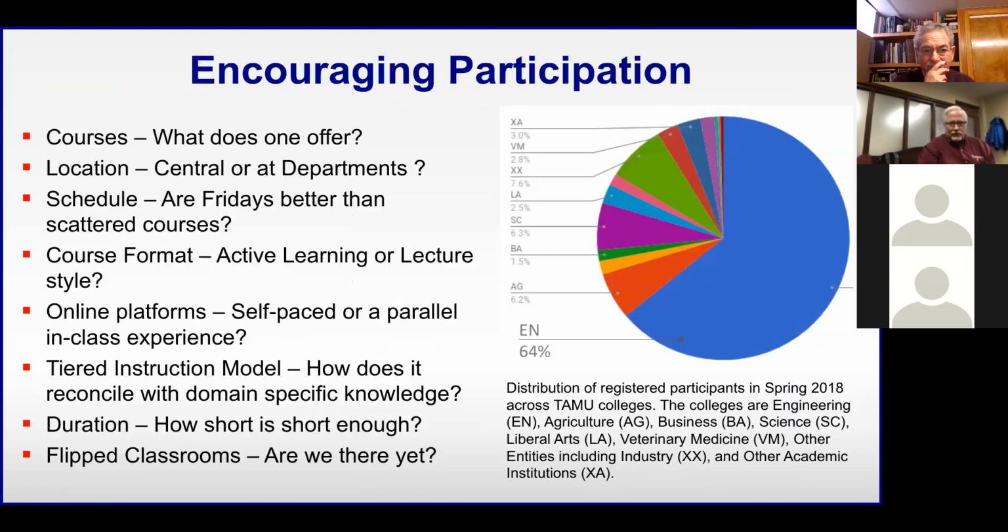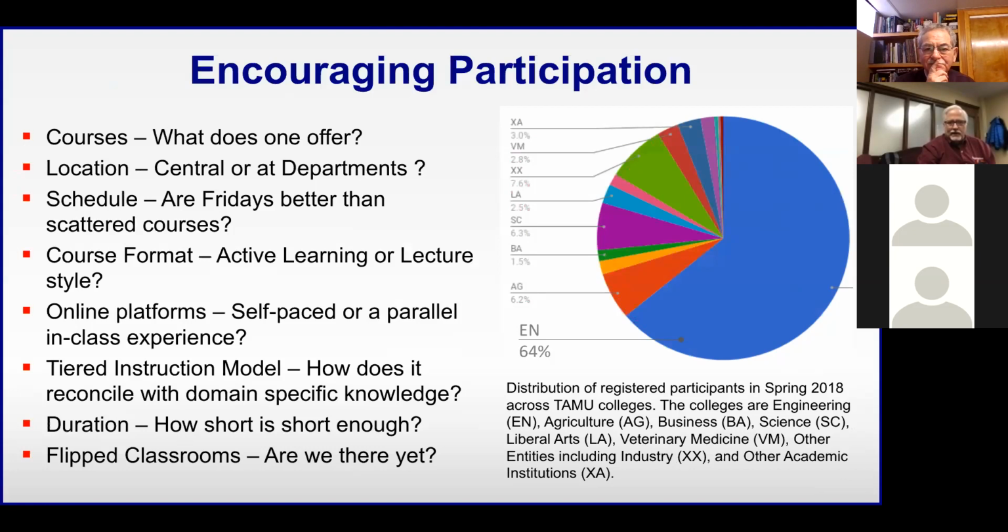Okay, so what to offer and who's interested? This chart on the right is a distribution of departments and participants. The biggest slice of the pie is engineering. That's more than half of our registrants. Another big section is the ag division and also the College of Sciences.